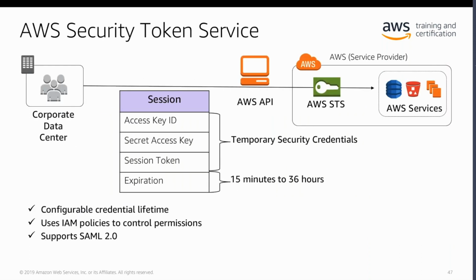Now, sometimes I need to write applications that aren't inside the cloud that need to interact with the cloud. And I don't want to bake credentials into those applications. Instead, I'd like to issue a set of temporary credentials. And so for that, we have the Secure Token Service, which can be used to give users temporary credentials that have an expiration time associated with them.